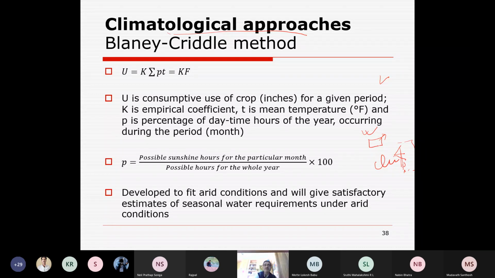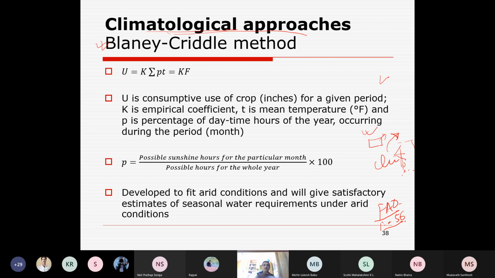Most of the approaches use temperature, except a very refined method developed by FAO, the Food and Agriculture Organization, the FAO 56 method, which has almost all atmospheric conditions: wind, resistance, atmospheric pressure, vapor pressure, and so on.